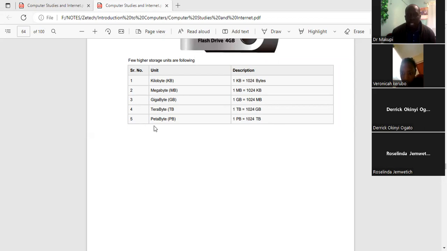I don't know how the computers in markets nowadays are being sold up to 1 terabyte hard disk. I don't know whether you have come across one which has a storage unit of petabytes. I know the majority of our machines that we are normally using are represented in form of GBs. So we have terabytes and petabytes. So just understand this one so that you can use it for number conversions.